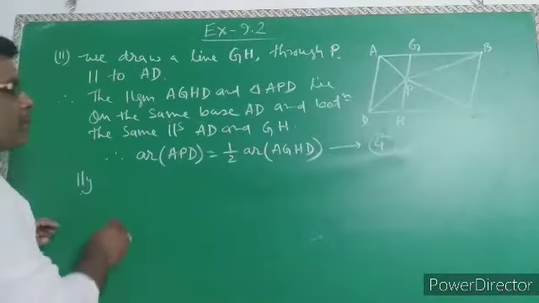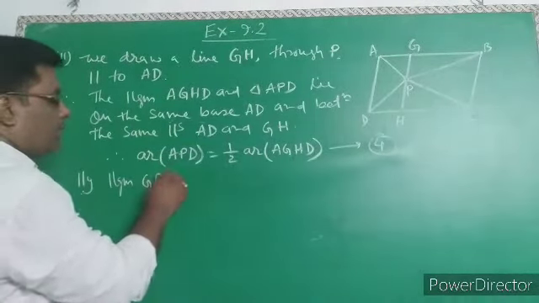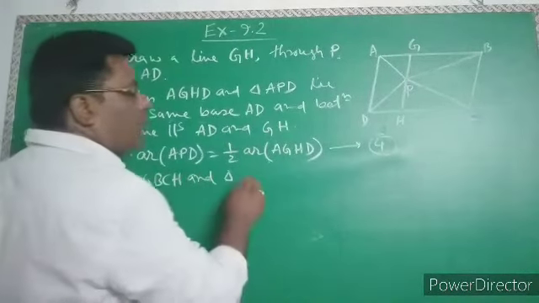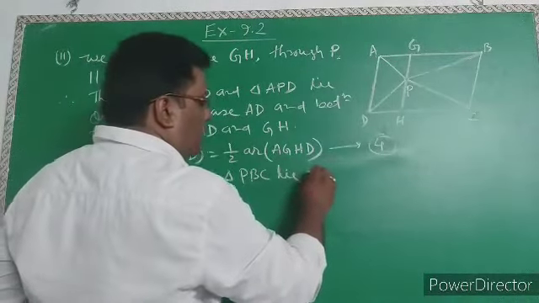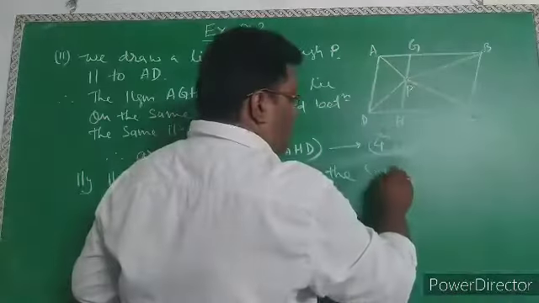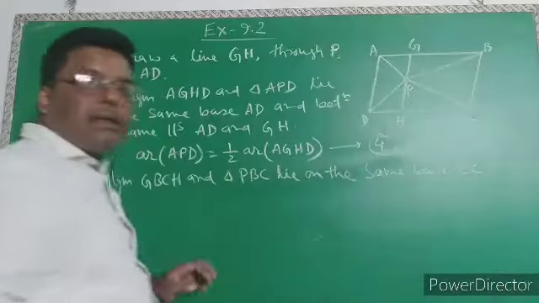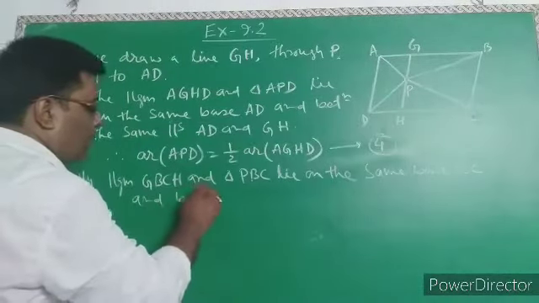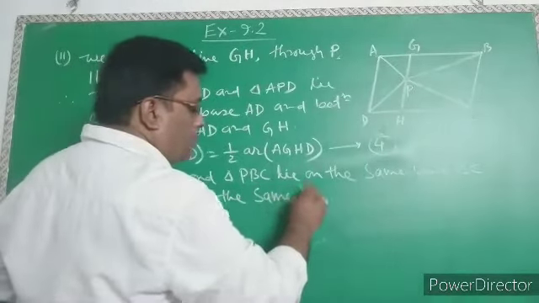So similarly, parallelogram GBCH and triangle PBC lie on the same base BC, between the same parallels.